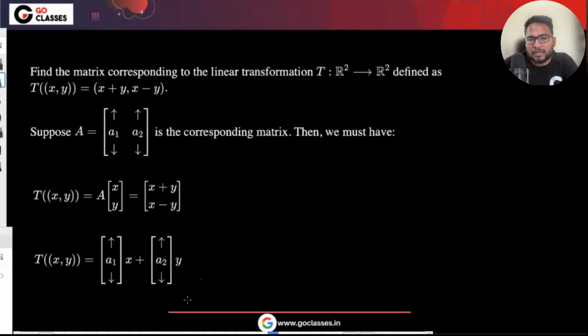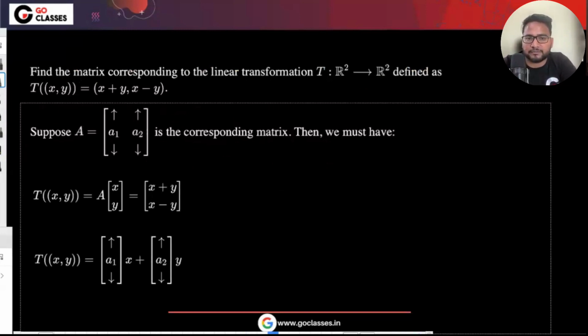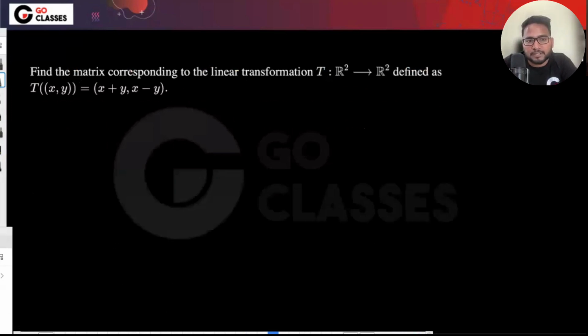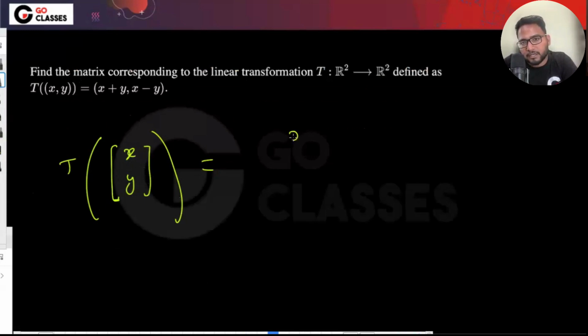Let's suppose they give you some linear transformation, and then they ask, can you tell me the matrix associated with this linear transformation? Suppose T of x, y is nothing but x plus y and x minus y.